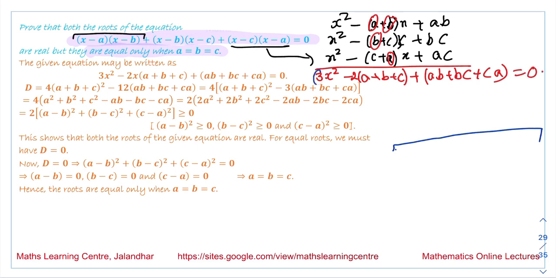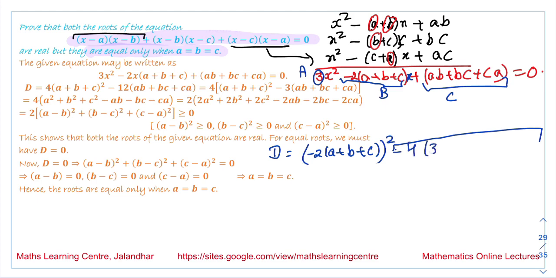So this 3 is a, this whole term with x is b, and this whole term is a constant term. So the discriminant is b square minus 4ac, which is minus 2 into (a plus b plus c) whole square minus 4 into 3 into (ab plus bc plus ca).